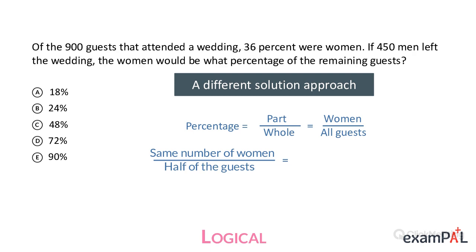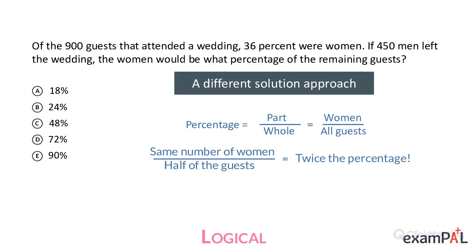So we have half of the guests, and we still have the exact same number of women because none of the women left. So what that means is that our fraction is twice as large. Instead of the same number of women over all the guests, you have the same number of women over half the guests. And that means you have twice the percentage. So you increase from 36% to 72%. And this is a much faster way to approach this question.